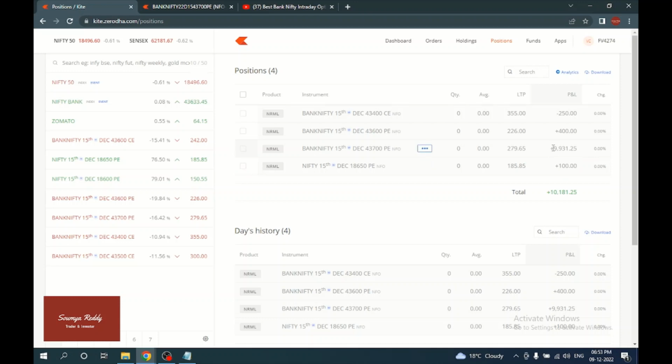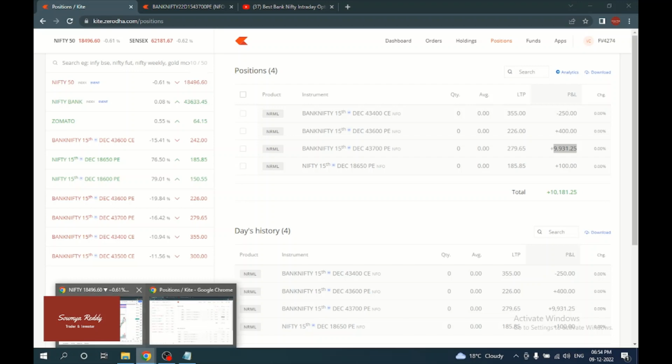Otherwise, I like to take breakout trades. Now, let us go to the chart and see how I was able to make this profit. Let's go to the Bank Nifty chart and Nifty chart and analyze them.